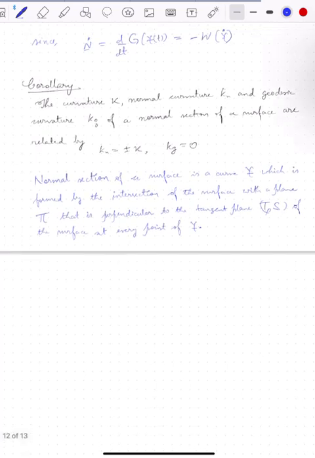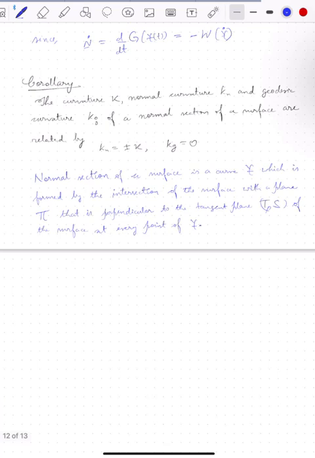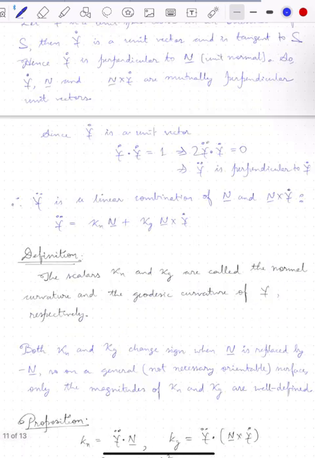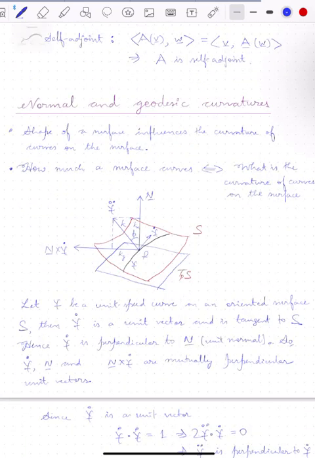So in that case, at every point of gamma vector, we always have a plane which is perpendicular to every point of the curve, right? And it is perpendicular to the local tangent plane at every point of the curve. So this clearly implies that if we look at the schematic here, gamma double dot will be pointing in the same direction as n vector, right?